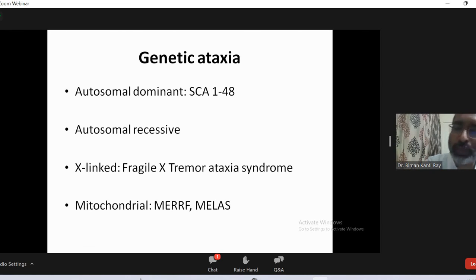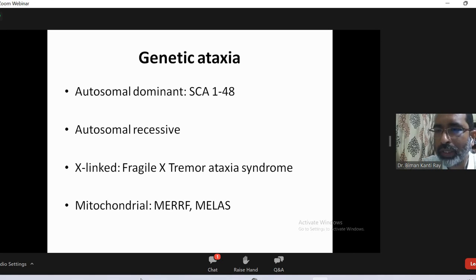And the last part of my presentation, just a few minutes, this is only for my students. In adult practice, you don't see this type of cases very commonly, but in neurology practice, we do see this type of cases. And the genetic ataxia, whenever you get any genetic ataxia, as I've already mentioned, usually the age of onset is younger, and it may be autosomal dominant ataxia, that is spinocerebellar ataxia.